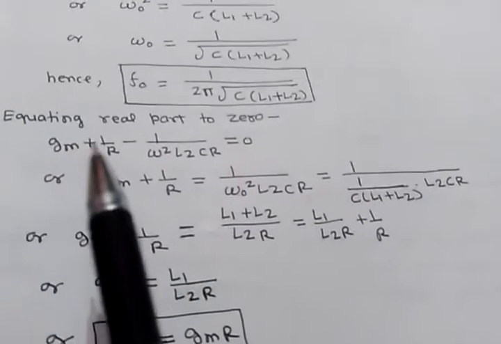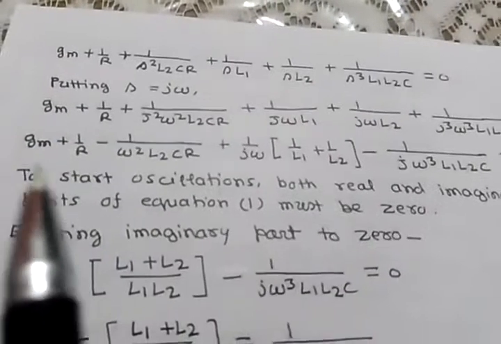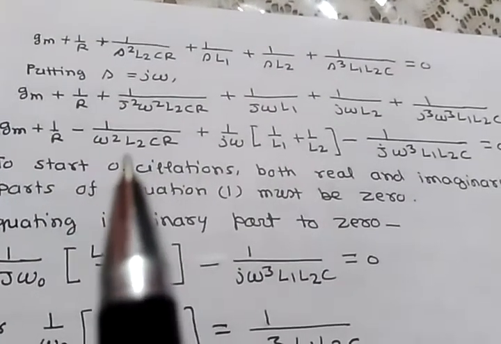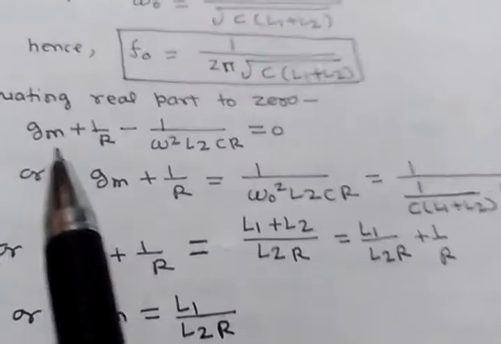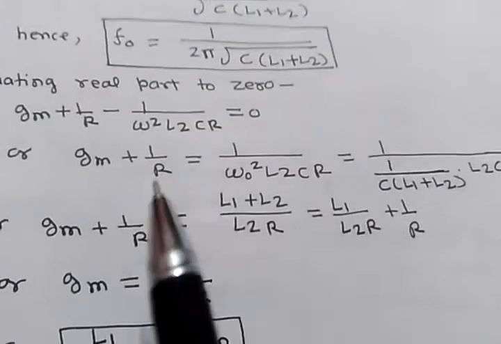Now we will equate the real part to 0. The real part of equation 1 is this: Gm plus 1 upon r minus 1 upon omega square L2 Cr. At the place of omega we will write omega naught. So equate this real part to 0. Simplify.